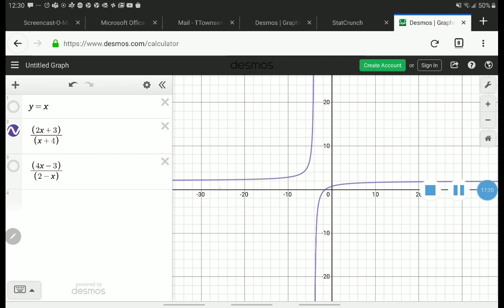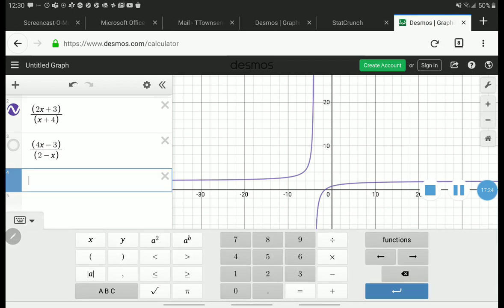You can also see that domain restriction at negative 4. I'm just going to pop that in so you can see it. So there's our vertical asymptote for that one, and then our horizontal asymptote would be at y equals 2.